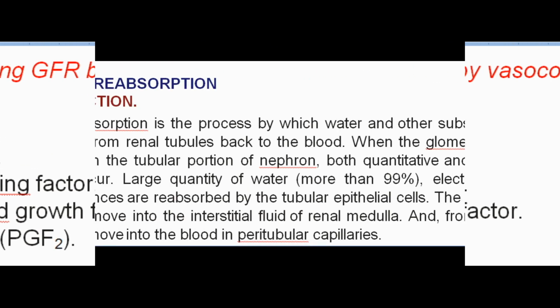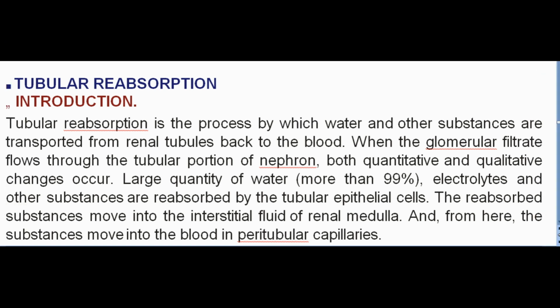Tubular reabsorption introduction. Tubular reabsorption is the process by which water and other substances are transported from renal tubules back to the blood. When the glomerular filtrate flows through the tubular portion of nephron, both quantitative and qualitative changes occur. Large quantity of water, more than 99%, electrolytes and other substances are reabsorbed by the tubular epithelial cells.